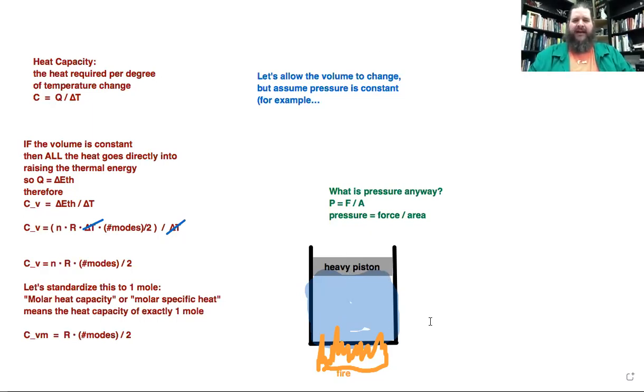So we can treat that as heat entering the system and also work leaving the system, in the sense that the gas is doing work to lift the piston up. So that's what's going on here. Heat entering the system and work leaving the system. And how do we calculate how much work?